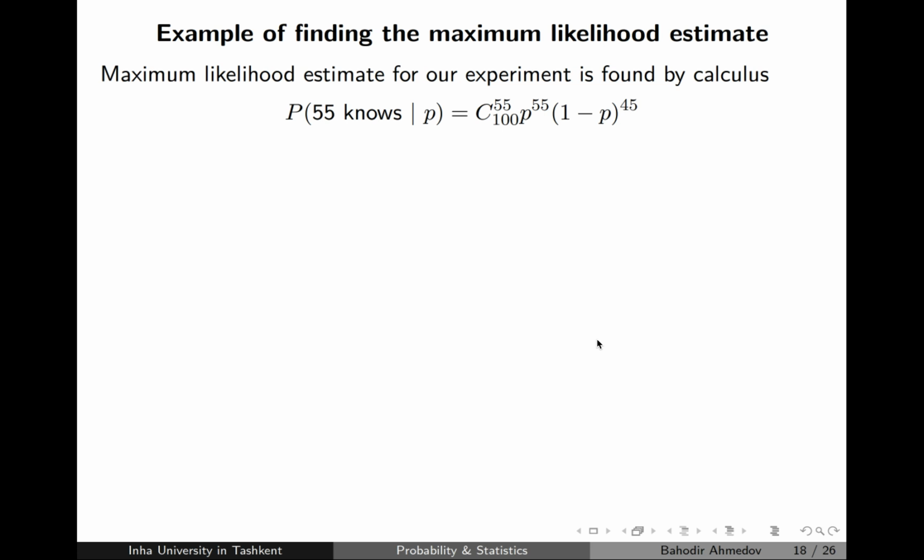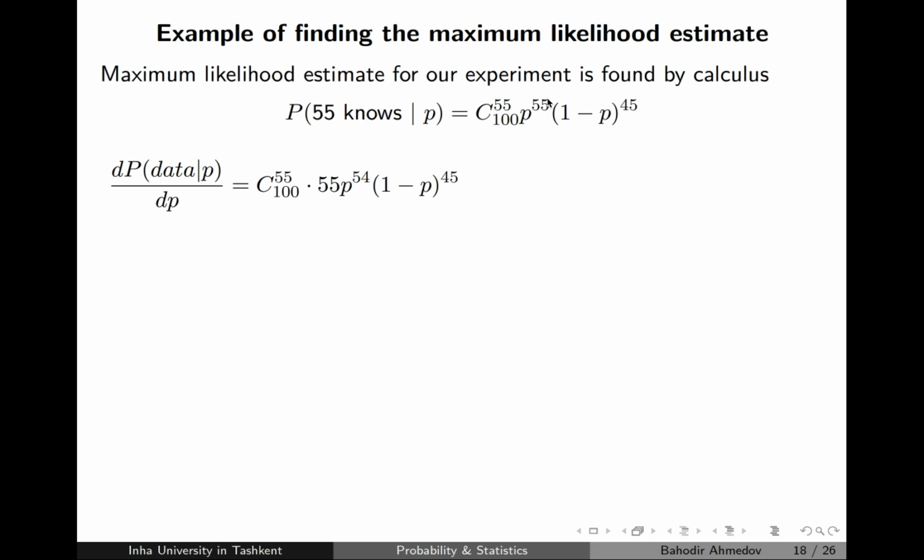So let's maximize the likelihood function for our experiment. The likelihood function is given like this. I would like to take the derivative of this function with respect to p and equate it to 0 in order to maximize it. I'm going to use the multiplication rule.